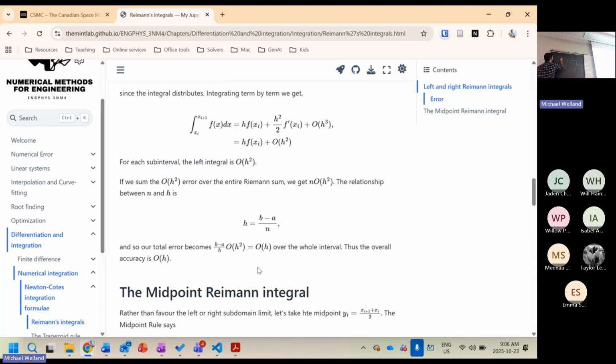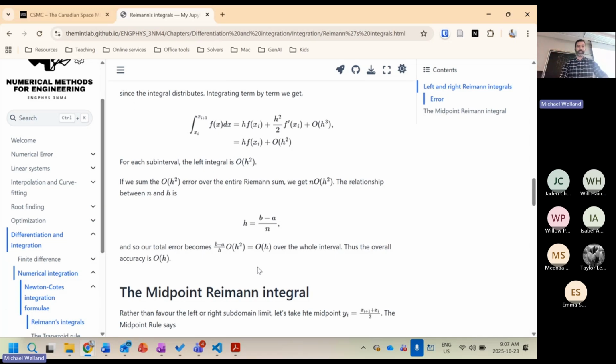If you want a whole lot of subdomains, that's fine, right? But now each one of these is going to be a better approximation, but now you're going to have to sum it. And how many of these summation intervals you have is going to be related to your step size h. So typically, if this is order h squared, when you sum over all these guys, it's going to turn into order h.